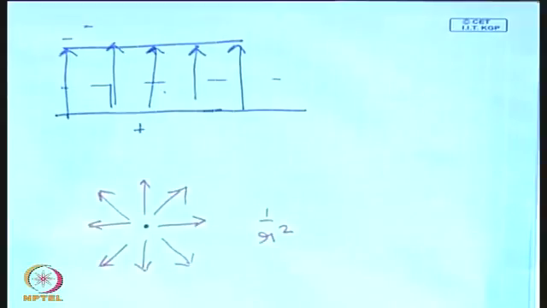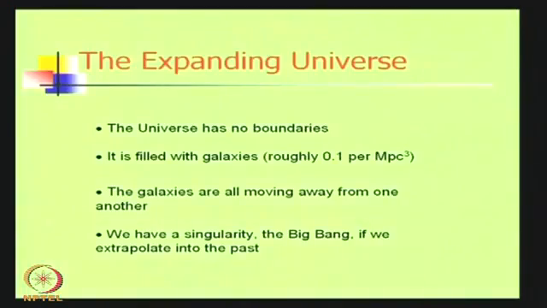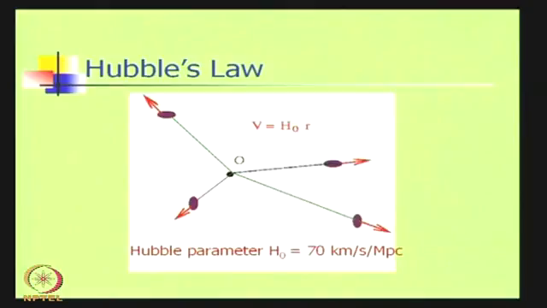If you now take the cosmological principle and try to fit it with the observation made by Hubble. Hubble observed that for an observer sitting over here, the galaxies are all moving away from us.